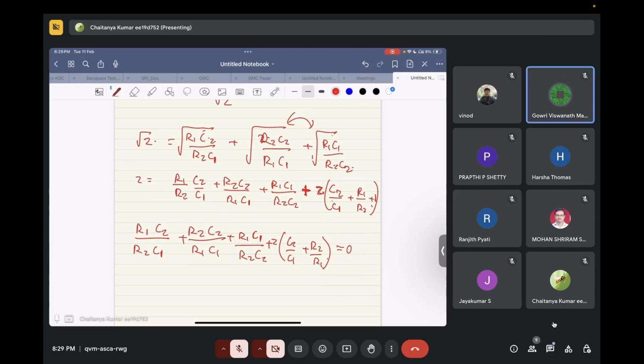Yes. Okay, and now do you think this can be 0? All the resistors and capacitors will be positive quantities, right? Yes. So can multiplication, division, addition result in a quantity equal to 0? Are you sure?